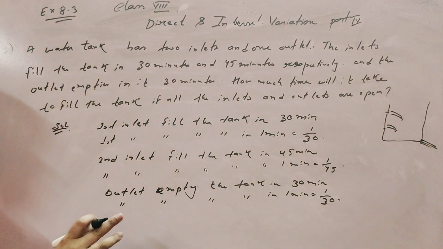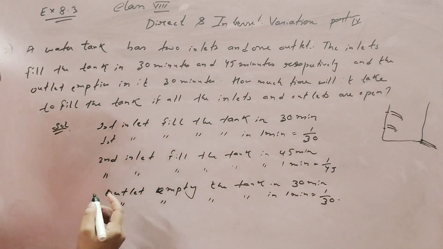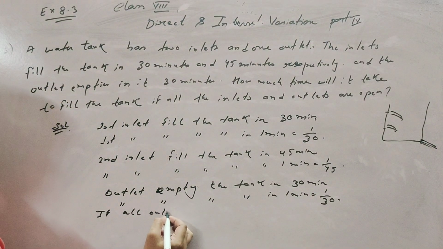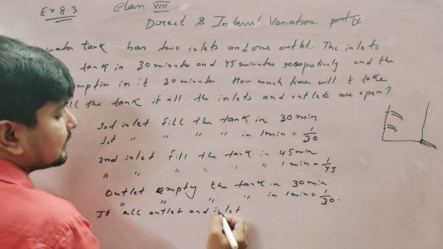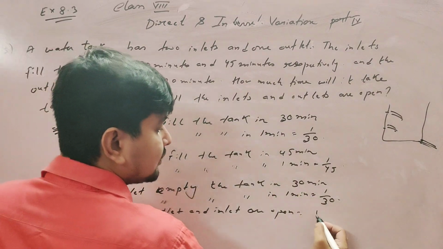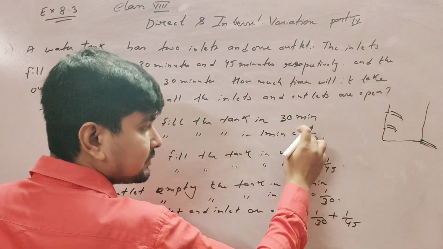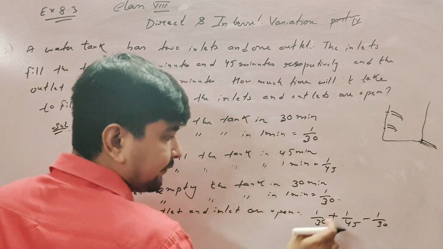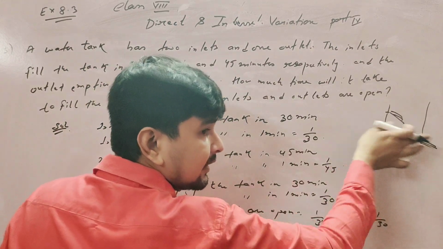Because all inlets and outlets are open at a time, it's 1 by 30 plus 1 by 45, because the two work together to fill the tank, and the outlet empties the tank.